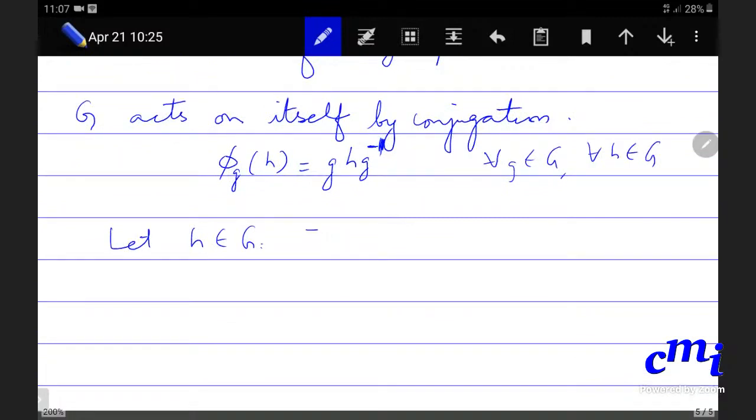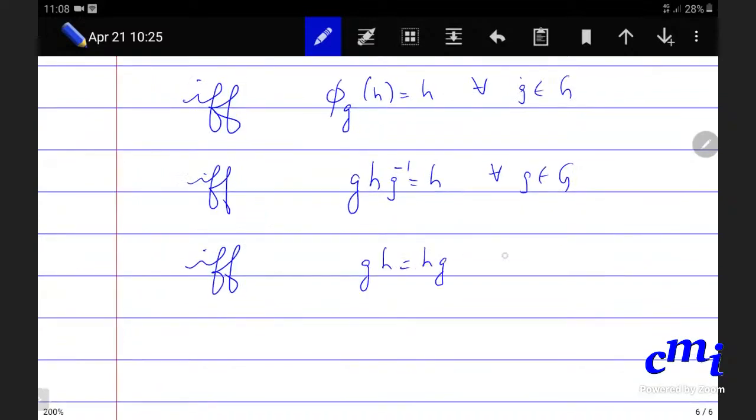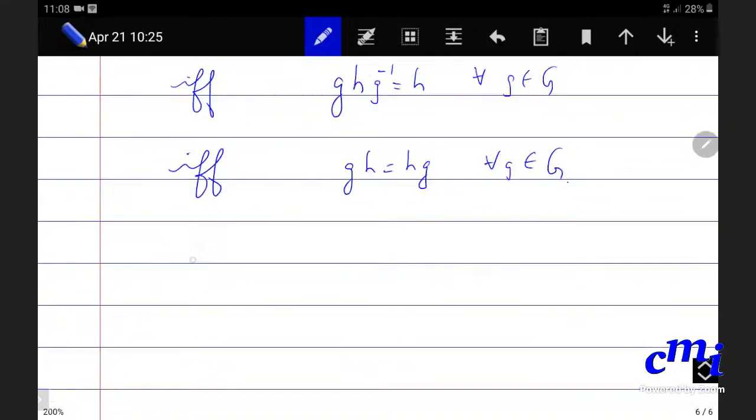Then the orbit of h equals the singleton {h} if and only if phi_g(h) is equal to h for all g inside G, if and only if g h g inverse is equal to h for all g inside G, if and only if gh is equal to hg for all g inside G. In other words, h commutes with every element.